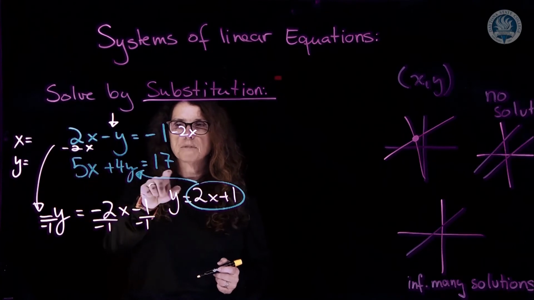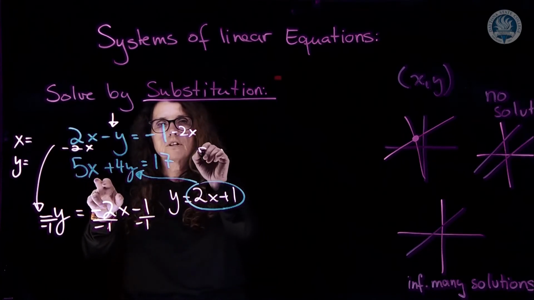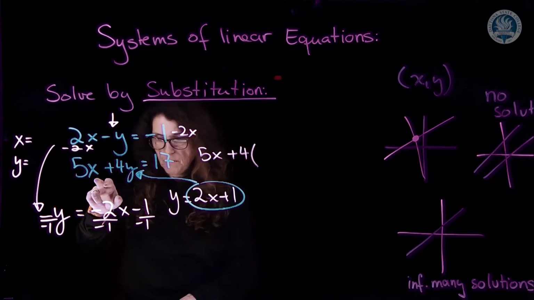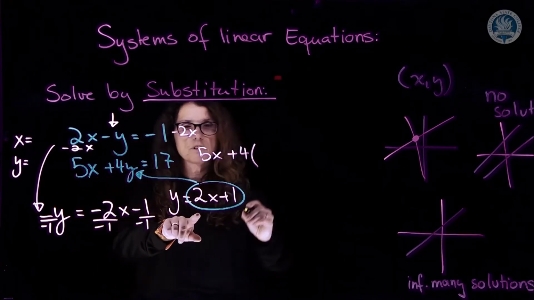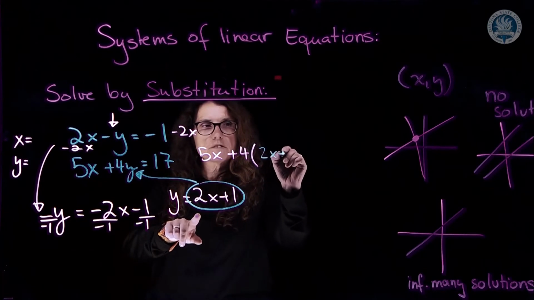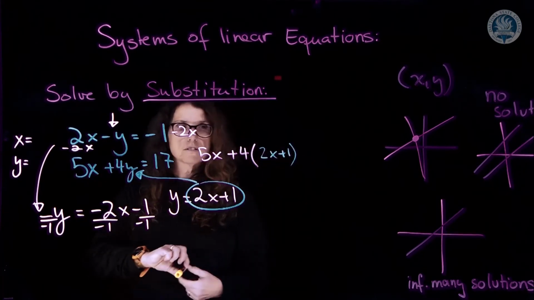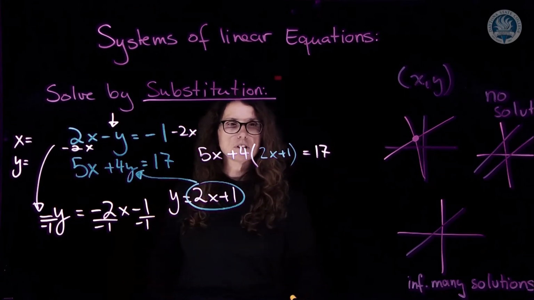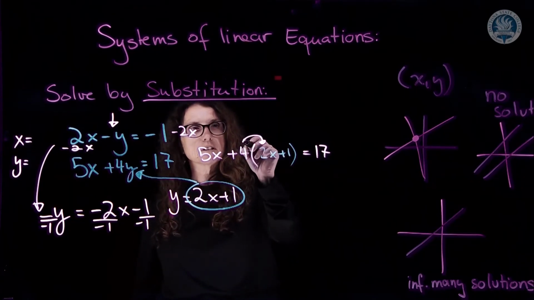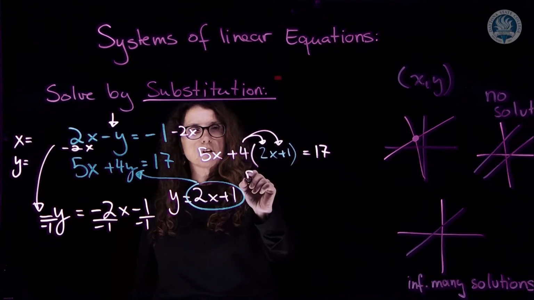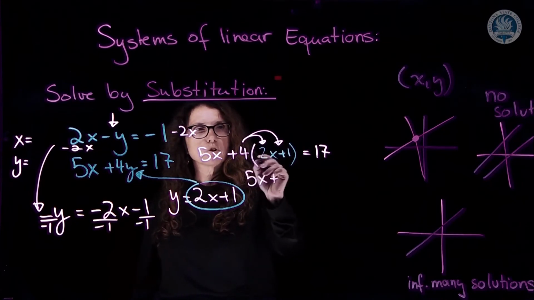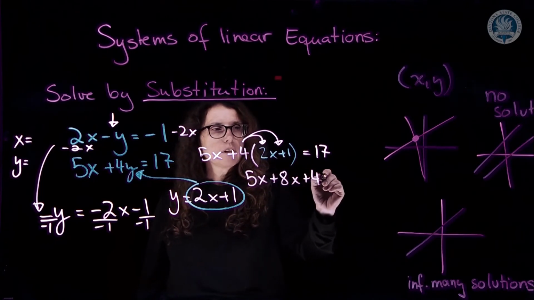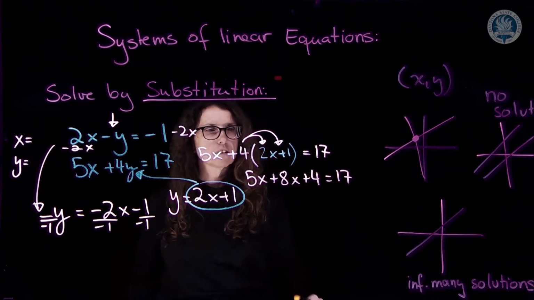So now I'm copying the second equation, 5x plus 4, but the y is being replaced with 2x plus 1, and that is equal to 17. This is now the equation I have to solve by clearing the parentheses first. 5x plus 4 times 2 is 8x, 4 times 1 is 4, equals 17.